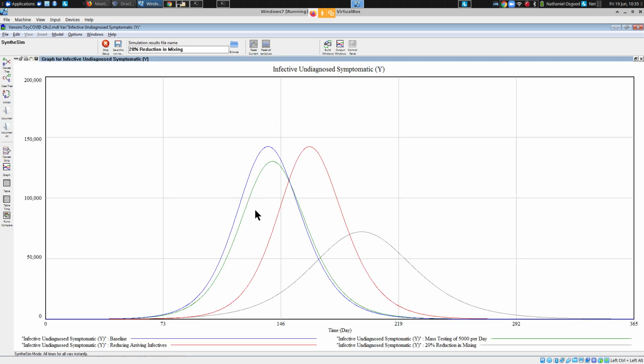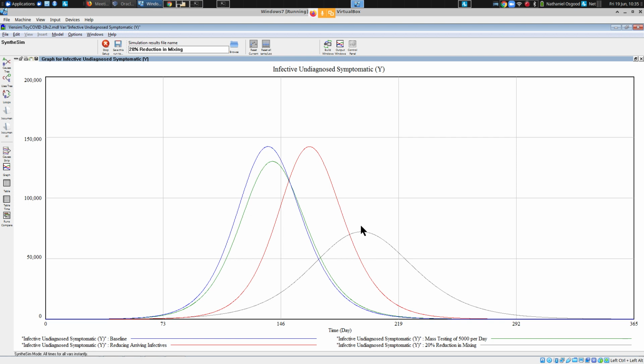I'm going to graph it. How did that change things? So what we're dealing with here is this gray curve. Hopefully you can see my mouse. Is my mouse visible? Yes. Okay, good. So how does that compare with the baseline?